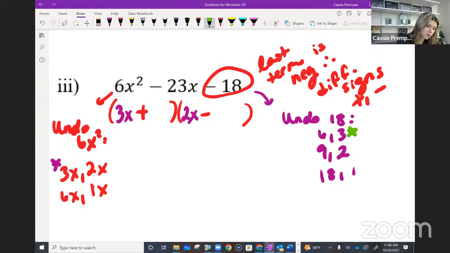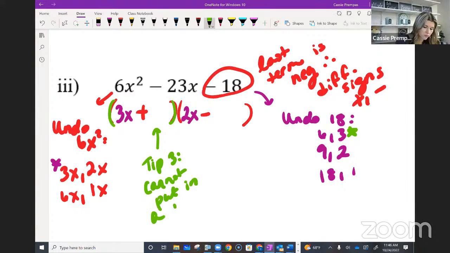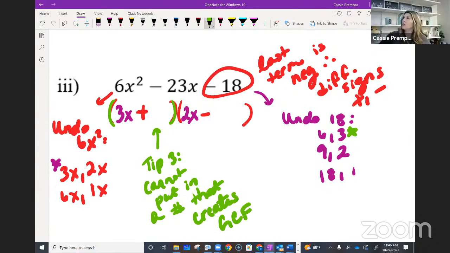Look at 3x. This is tip 3. You cannot put in a number that creates a GCF. Write that down. Think about it.